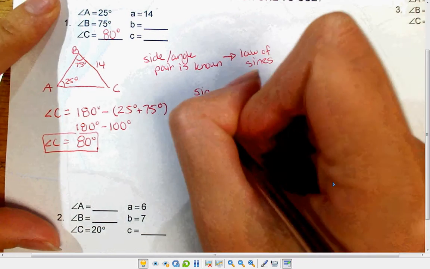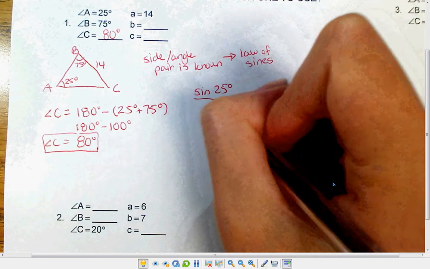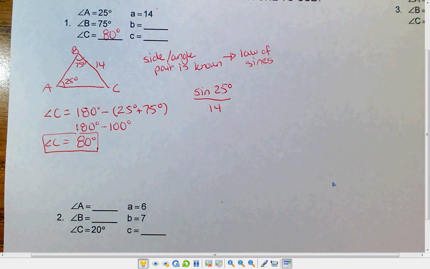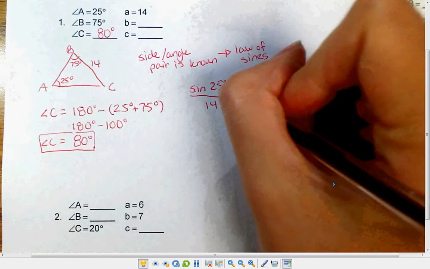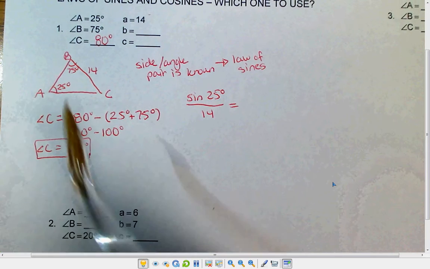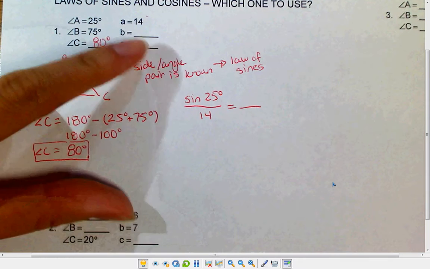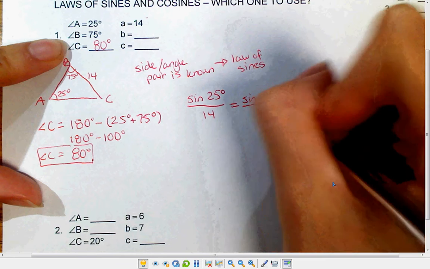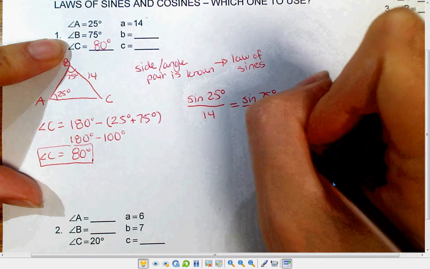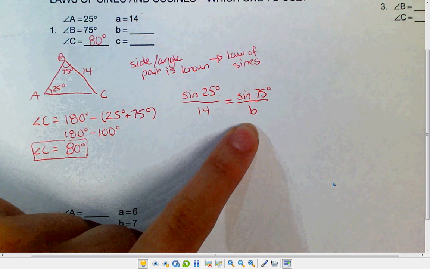We have sine of 25 degrees over 14, so that's our matching pair, A and A. Angle goes on top because sine of the angle equals, so it doesn't matter which one of these we use. So let's just start off by finding B. We know that angle B is 75, so 75 is going to go up here, and side B is going to be in the denominator.